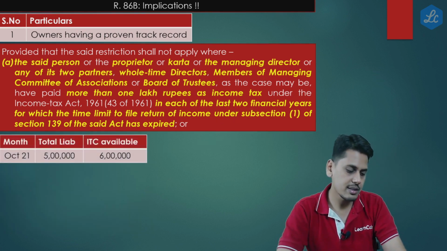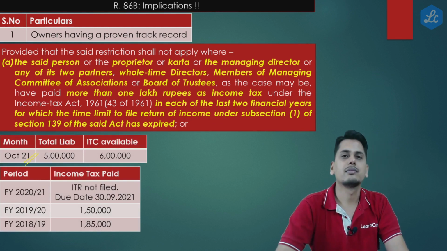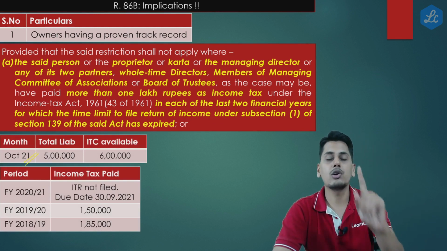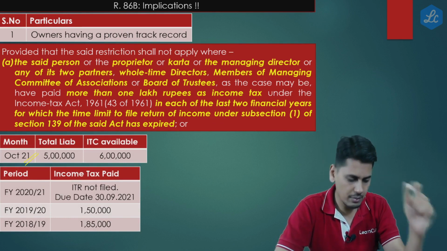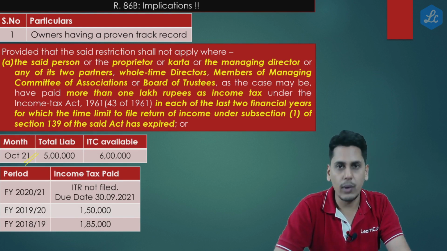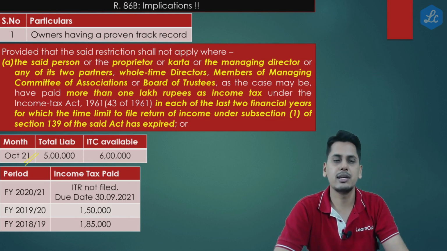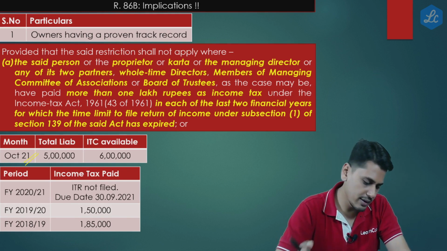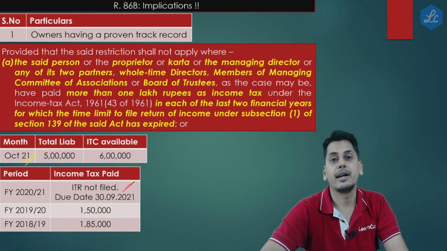Let's take another case. For October 2021, we are speaking about a tax period October 2021. Total liability 5 lakhs, ITC available 6 lakhs. The data is given. For financial year 2021, when he is in October 2021, the expired financial years are 2021, 1920, 1819. So for financial year 2021, ITR is not yet filed.